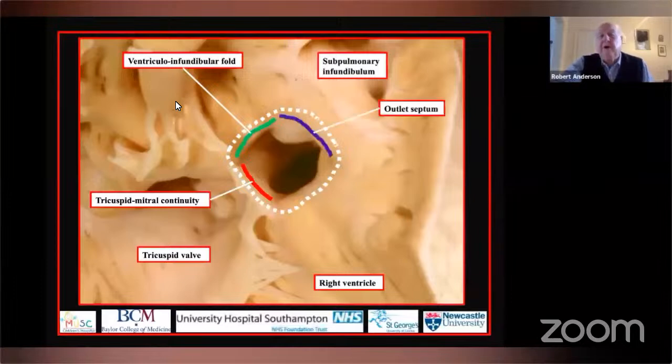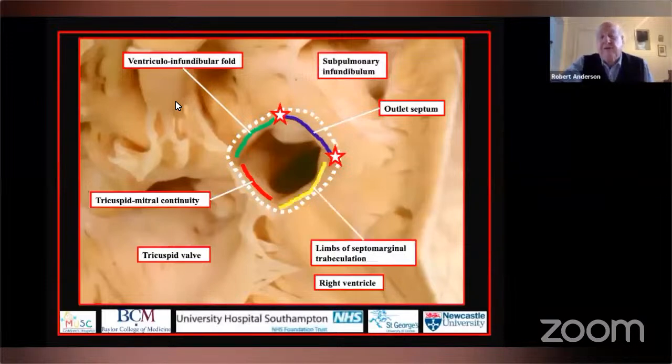The cranial margin is the aortic side of the outlet septum, and that has a parietal extension and a septal extension. The septal attachment is positioned anterocephalad relative to the limbs of the septomarginal trabeculation that reinforce the crest of the muscular ventricular septum.